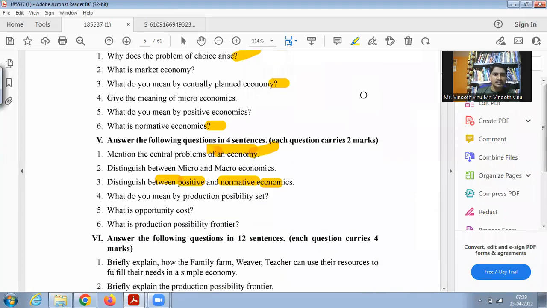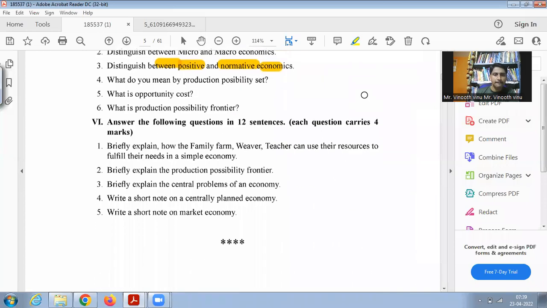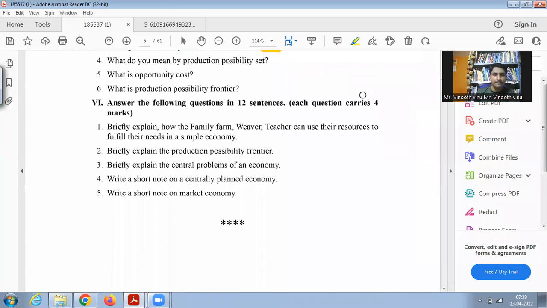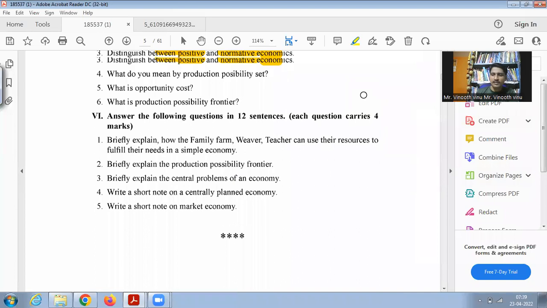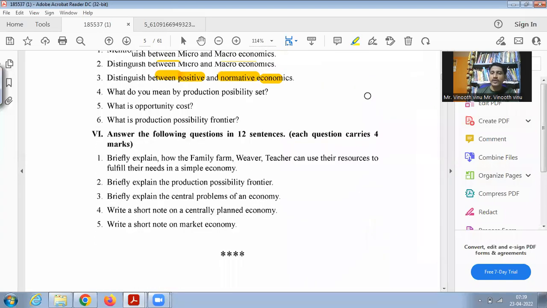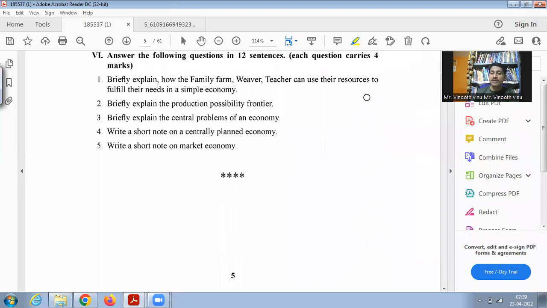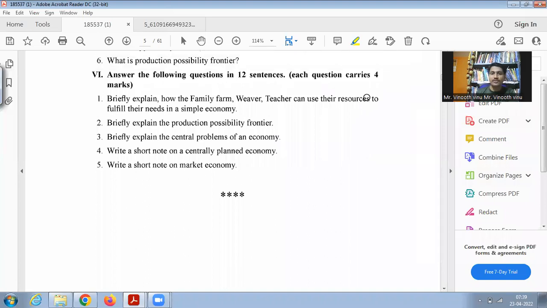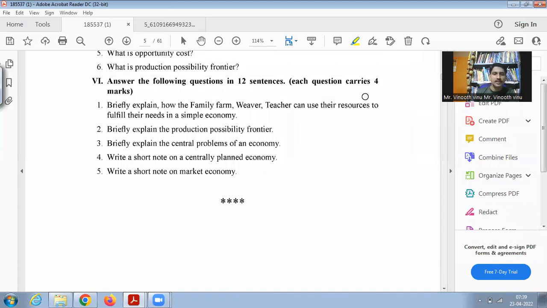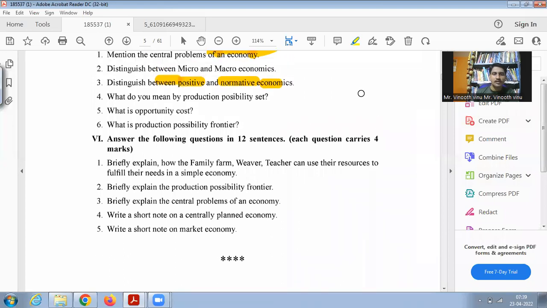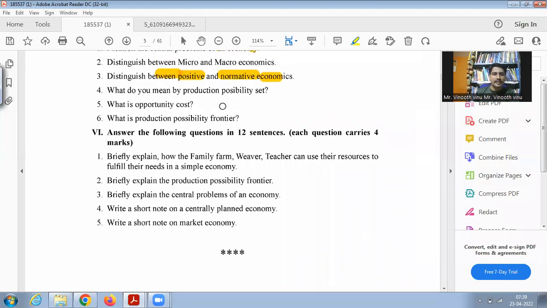Is it in the fill in the blank? Fill in the blank. Market economy is an economy where economic activities are maintained by private enterprises or private individuals. Okay, na? Okay.